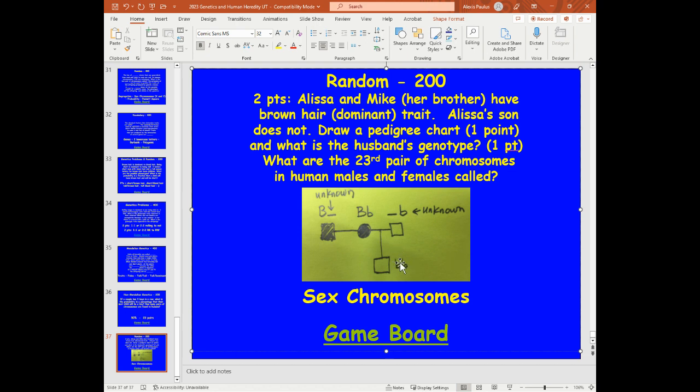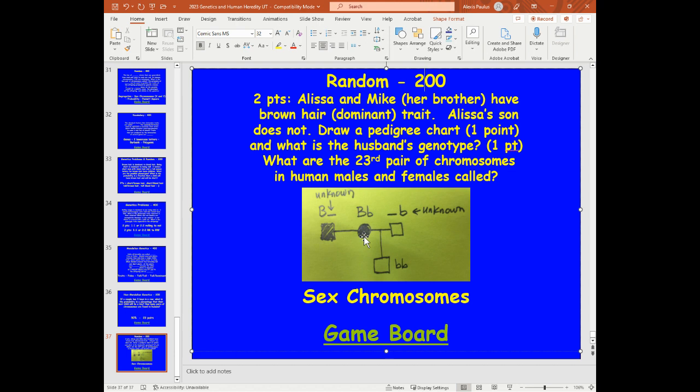All right, so let's see. So this is going to be Mike. This is going to be Alyssa. All right. It is a dominant trait, so both the brother and sister have the actual trait. We know that because the son does not have the dominant trait, they have to be homozygous recessive, which means that Alyssa has to be heterozygous.